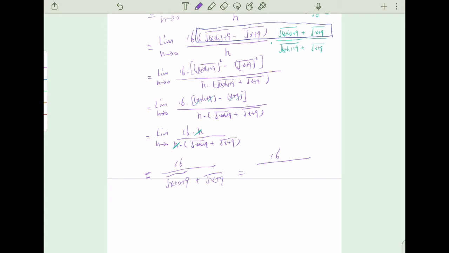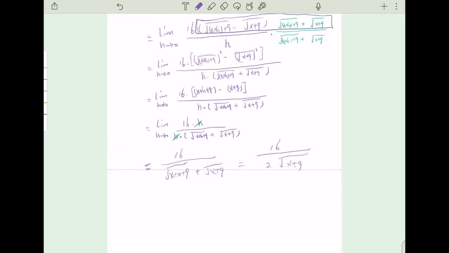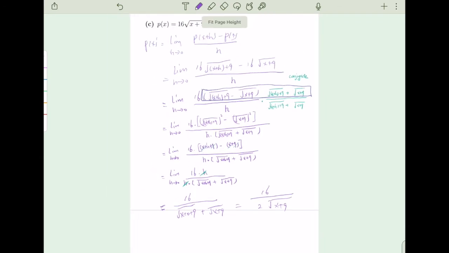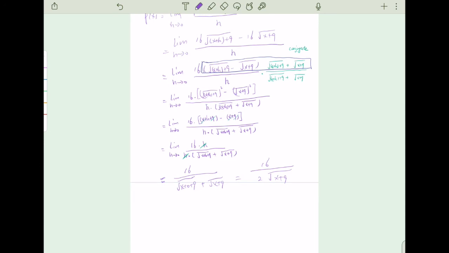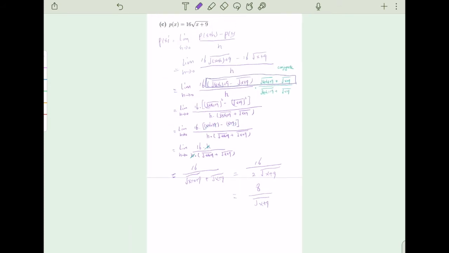These things are the same, so it's twice of this thing. Right? And we can cancel out the 2, so we are left with this one.